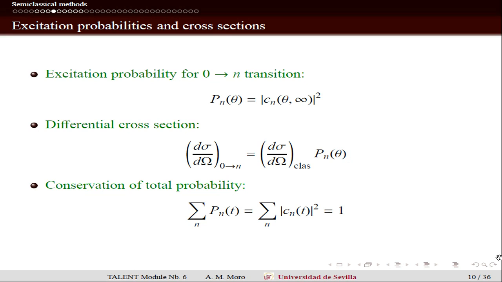So a projectile could just produce a compound nucleus, and this clearly will not be described by this framework. A possible way of taking this into account is introducing a sort of damping factor that will appear here multiplying this expression, obtained as an exponential of some imaginary potential. So we can also introduce some imaginary potential here to account for this absorption.